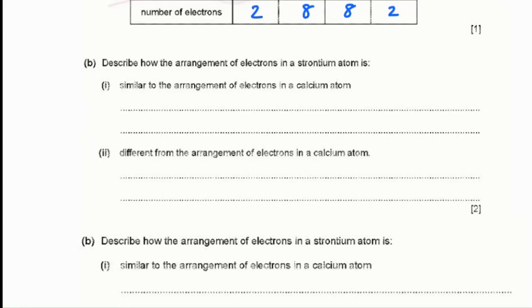Describe how the arrangement of electrons in a strontium atom is similar to the arrangements of an electron in a calcium atom. Well, this is all to do with periods. So we've got calcium, which is in period 4, and strontium, which is in period 5. Well, the period number tells us the amount of shells that it has, and the group number tells us the amount of outermost shells or valence electrons that it has.